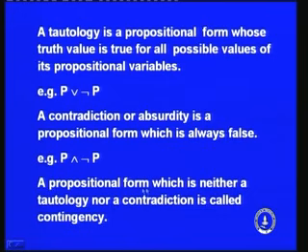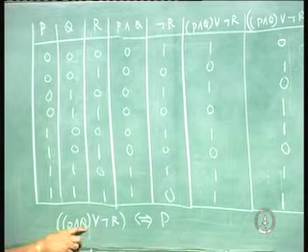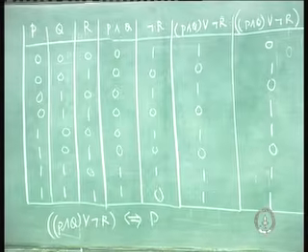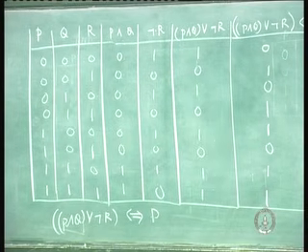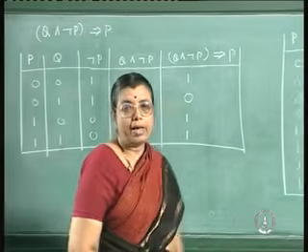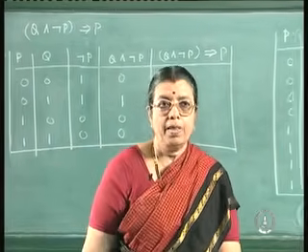A propositional form which is neither a tautology nor a contradiction is called a contingency. These examples which we considered, Q and not P implies P, and P and Q are not R is equivalent to P, these two are examples of contingencies. In some cases they are true, in some cases they are false. So, they are examples of contingency.